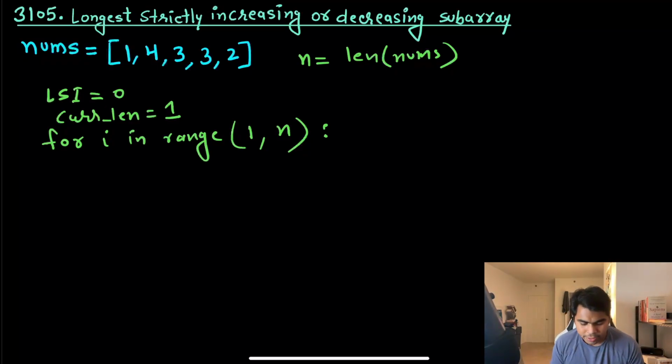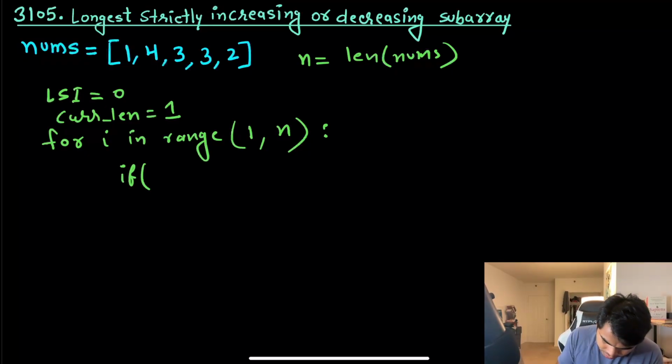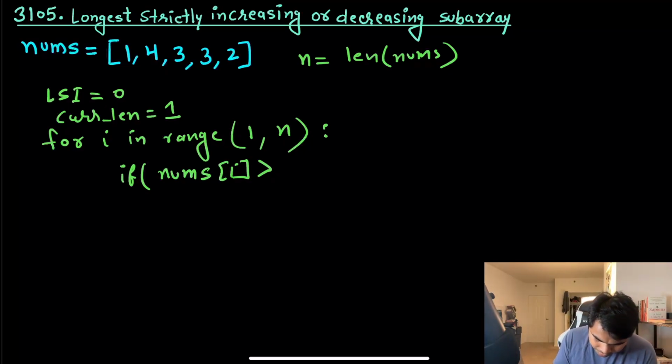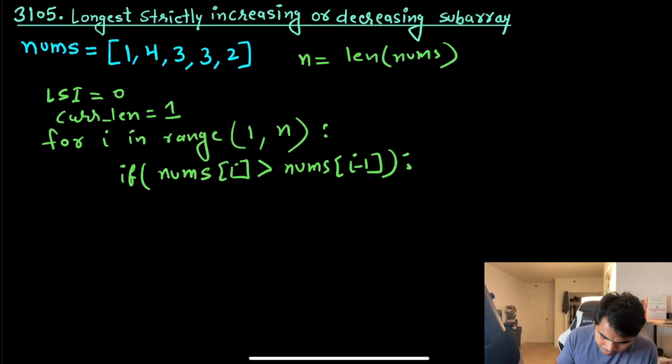All right, current length we can assume 1, and then we'll check from the first index: if the element I'm checking at the ith index, nums[i], is greater than, because it's strictly, my previous number, which is nums[i-1], right? If that's the case, then my current length I can increment by 1.